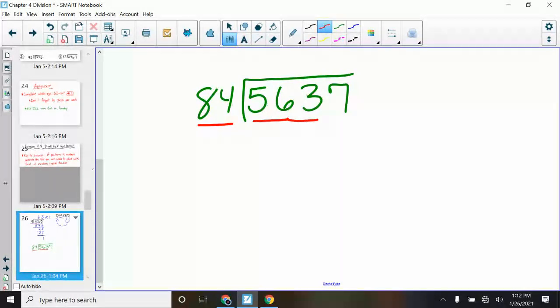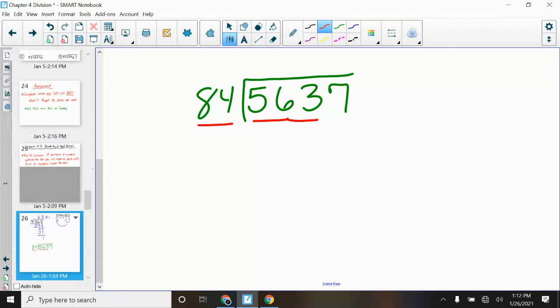That's a big number. So now I got to figure out how many 84s will fit into 563. This I can do because the 84 on the outside is now smaller than 563. I can fit this in there. My question is, how many times? Well, because we don't know our multiplication facts for 84s, we have to do a guess and check. So guess what I'm going to do?